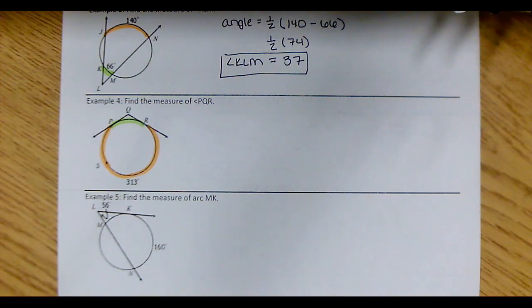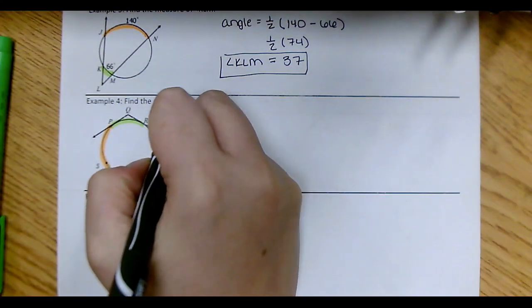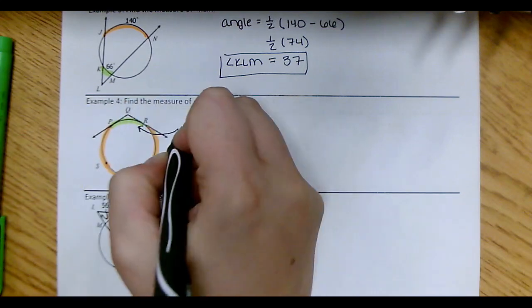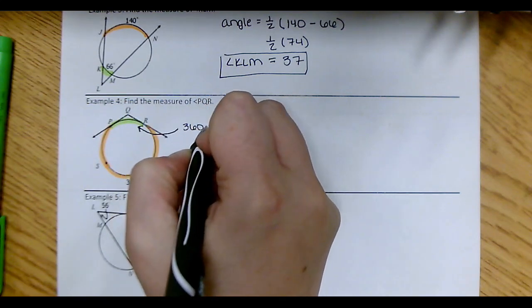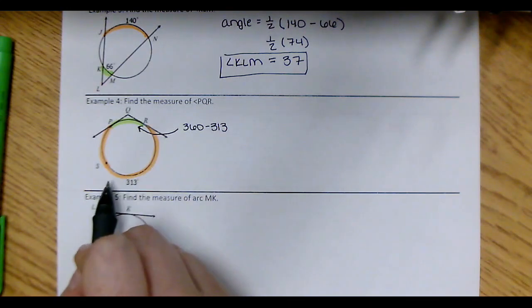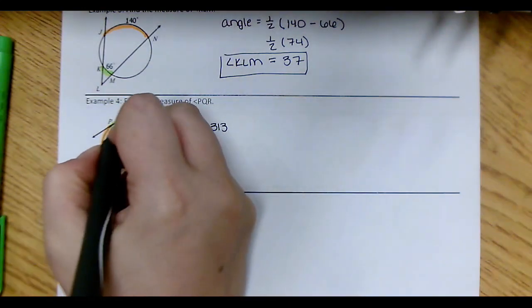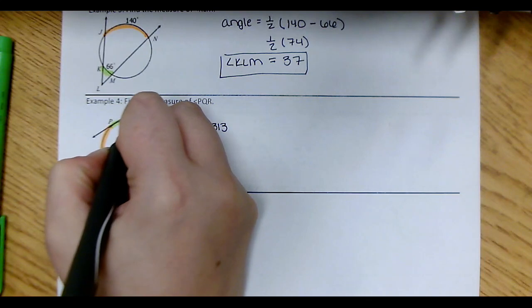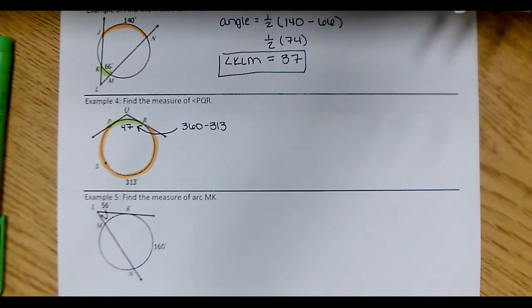Well, remember that our circle is 360 all the way around. So if we do 360 minus the 313 from the big arc, then we're left with a measure of 47 for that little one.